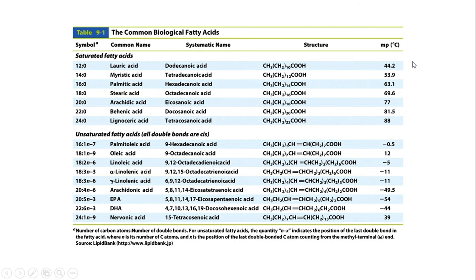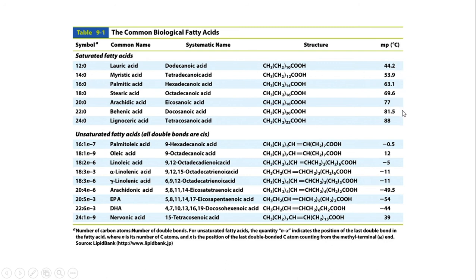Melting point gives us an idea of how many intermolecular forces are at work in these molecules. If you remember London forces or van der Waals forces, they're the weakest of the intermolecular forces, and these molecules would have London forces. And remember, as chain length grows or the size of the molecule grows, those forces increase.